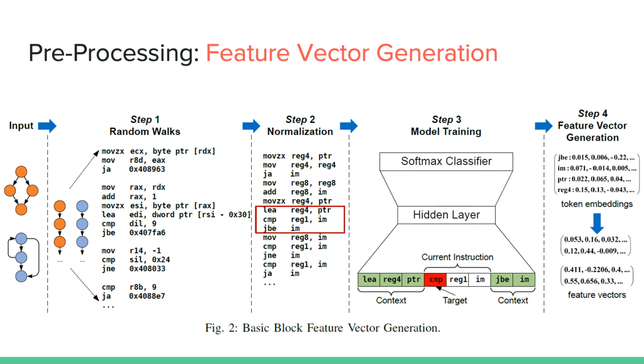Every instruction has its own embedding. Actually, each opcode and operand has its own embedding. I forgot what the technique is exactly, but for each opcode, they weight it differently.